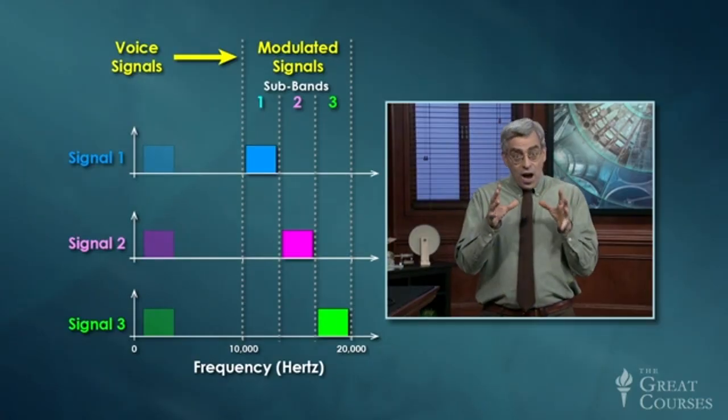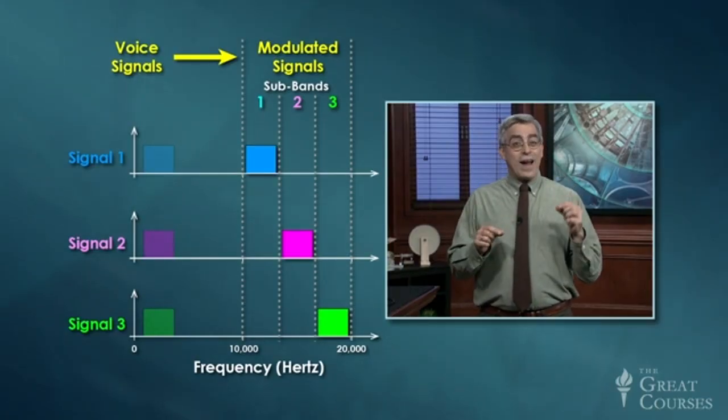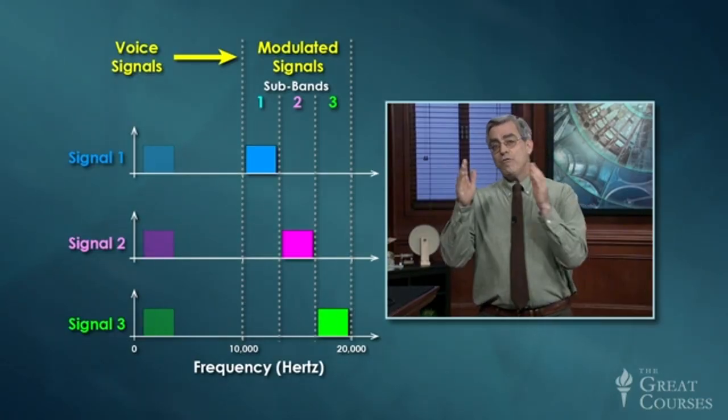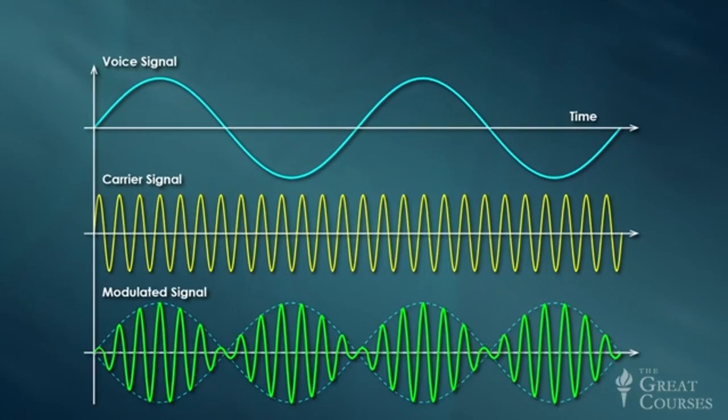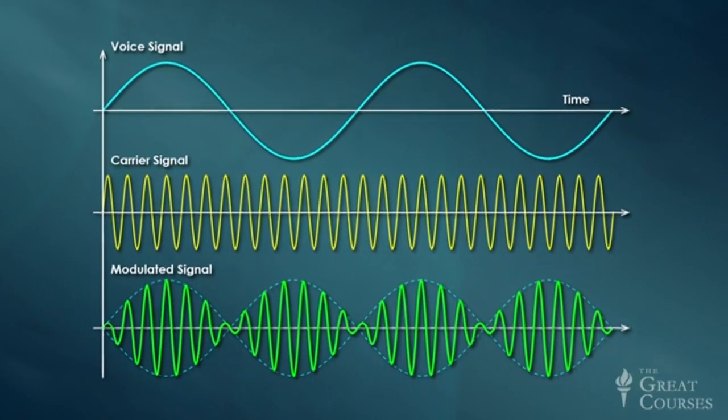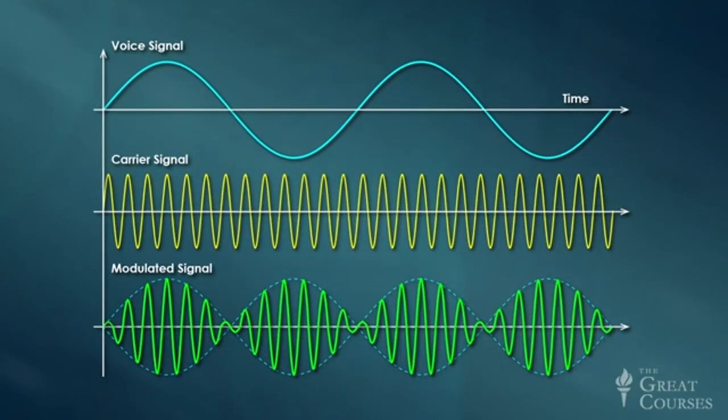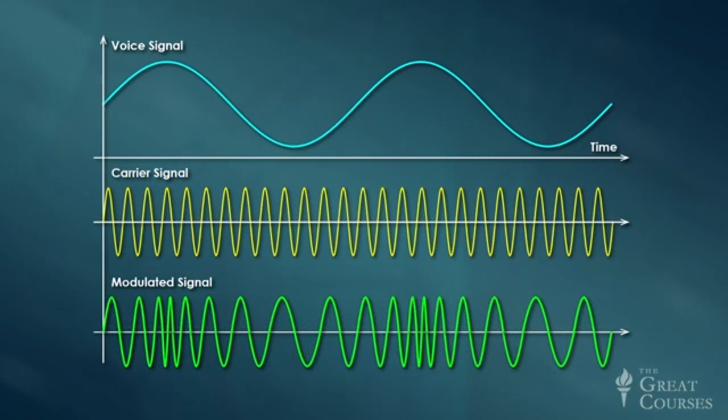There are several different types, but the most common are amplitude modulation and frequency modulation. In amplitude modulation, the amplitude of the carrier signal is modified to match the amplitude of the voice signal, like this. In frequency modulation, the frequency of the carrier wave is modified to represent the voice signal.